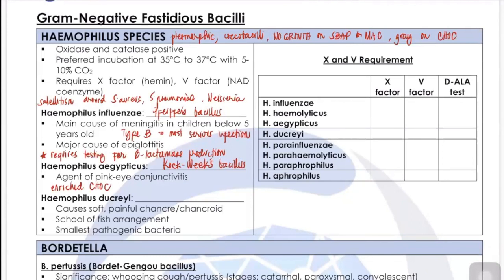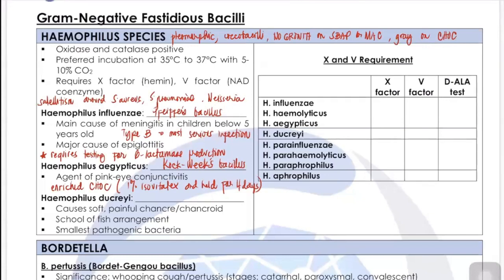So usually, that is enriched with 1% IsoVitaleX. Okay? 1% IsoVitaleX, and it must be held for 4 days.